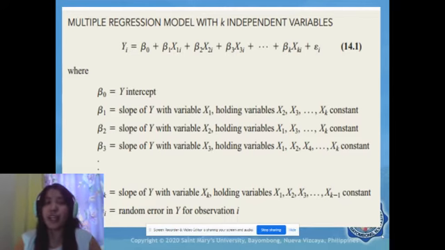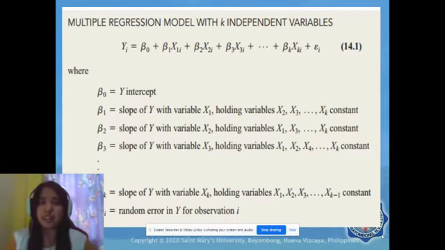So we can actually have more than 2, 3, 4, 5 or more independent variables, or k independent variables. Our beta sub 0 is our y-intercept.